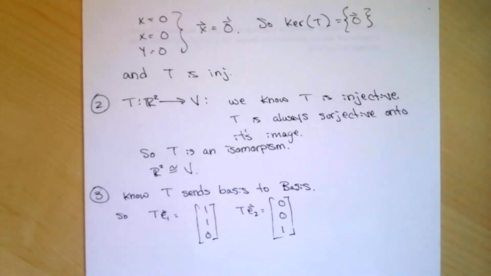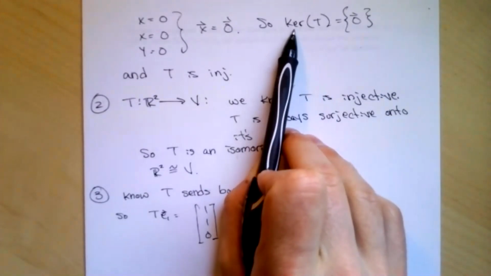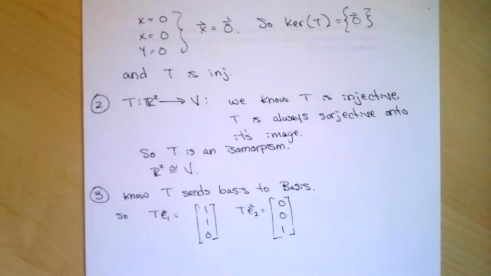Namely that if we know that the transformation is injective, then the columns of the matrix that represents the transformation are always going to be linearly independent, meaning they are always going to be a basis for the image.